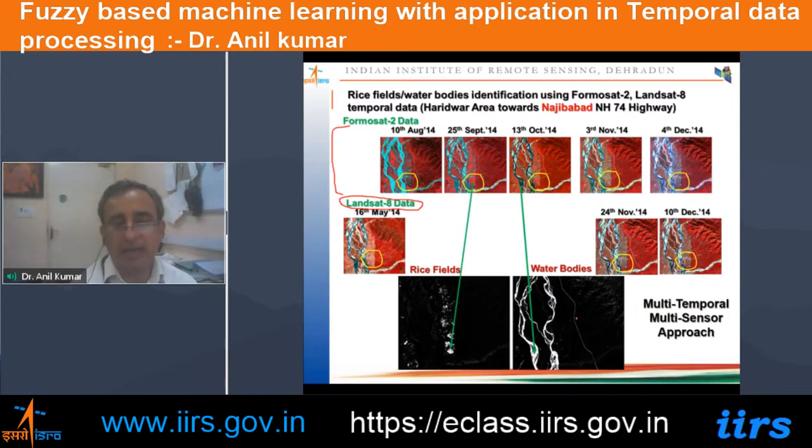There's the Ganga and the canals coming from the Ganga river. So yes, we are able to map the paddy fields and separate them from the existing water bodies like the Ganga river and the canal. And we are able to add the Landsat data wherever the Formosat image was not available. So the dual sensor concept is also possible.